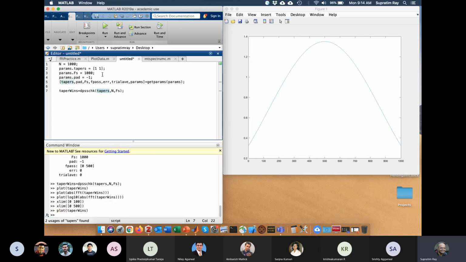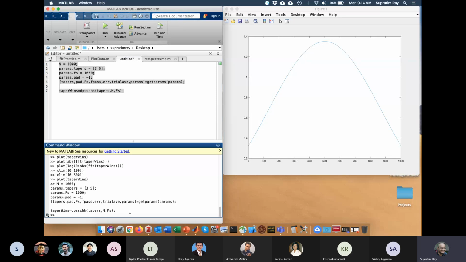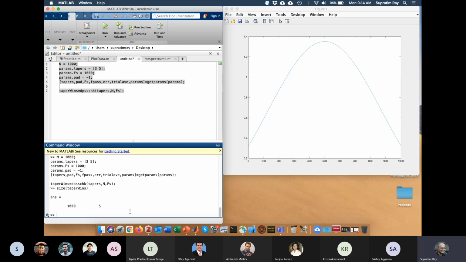Okay, so now I'm going to increase the number of tapers. So let me say TW is equal to 3 and give me 5 tapers. So now let me run this command again. And now the size of taper wins is going to be 1000 by 5 because we have 5 tapers.